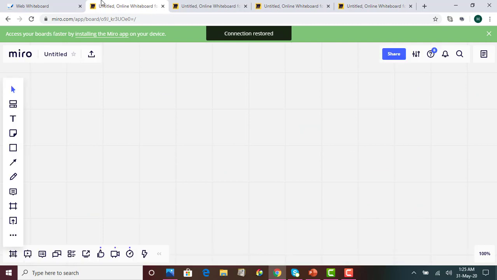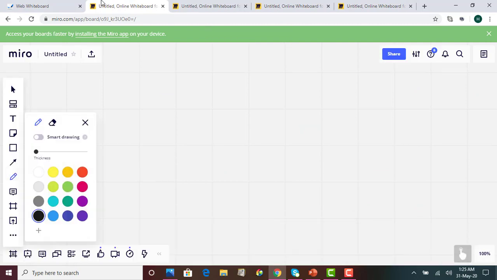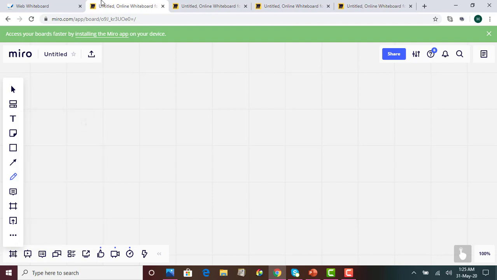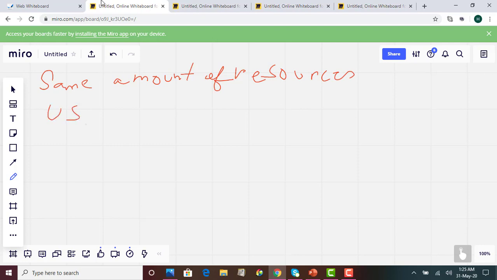Okay, all right, so let's say we are given this information, with the same amount of resources. We are considering two countries. USA can produce either 10 apples or 20 berries.